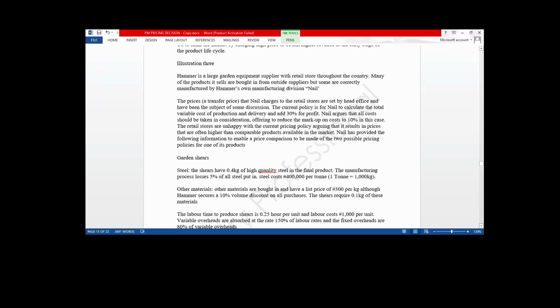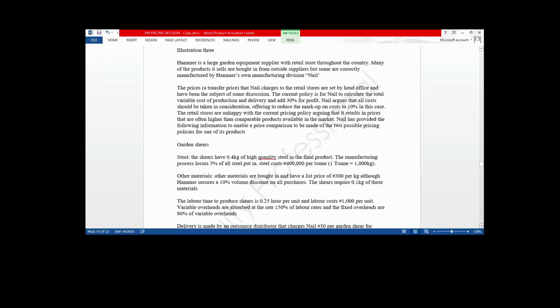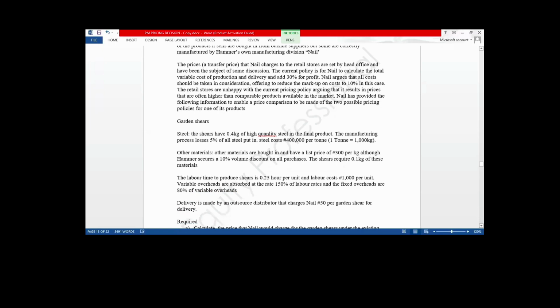Labor. The labor time to process a spare is 0.5 hour per unit, and labor cost is 1,000 naira per unit.